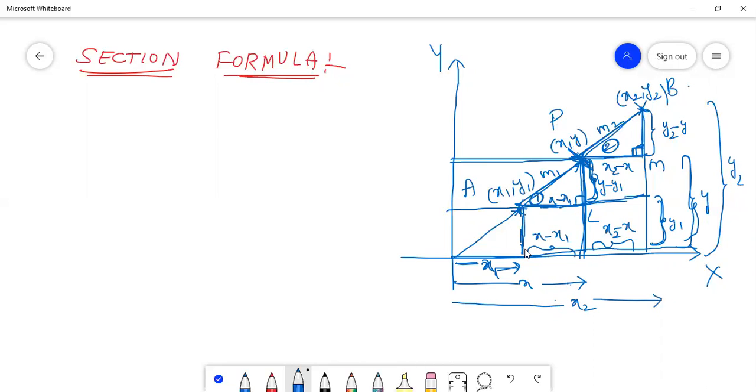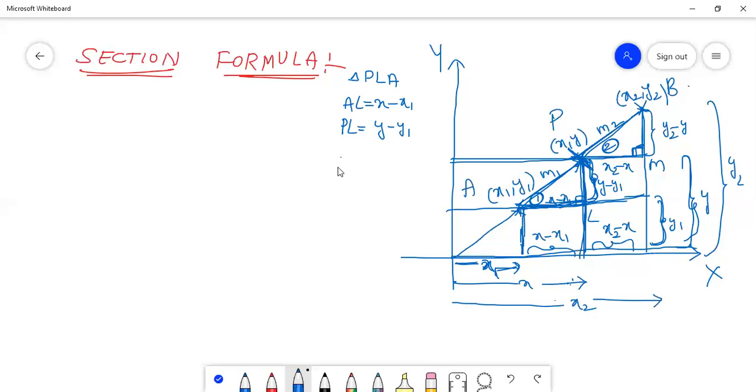So here we can find that the AL distance is x minus x1. And in the same way, the PL distance is y minus y1. This is the right angle triangle PLA.